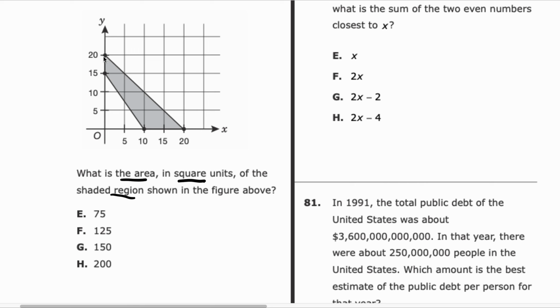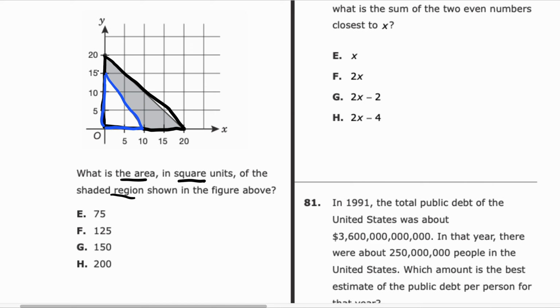Okay, so this is sort of an irregular shape, but we can take this larger triangle right here, and I'm actually going to subtract out this smaller triangle. Right, so if I take the area of the black triangle and I subtract out the area of the blue triangle, then I get the area of the shaded region. So let's actually do that.